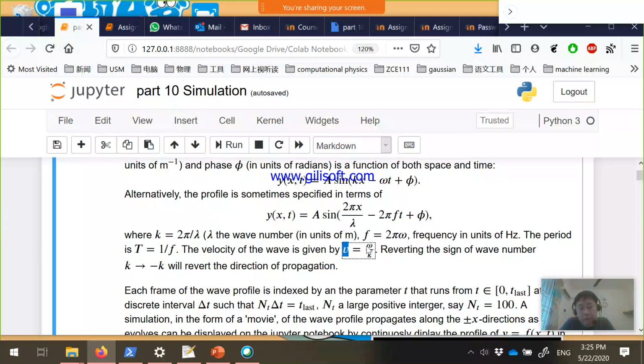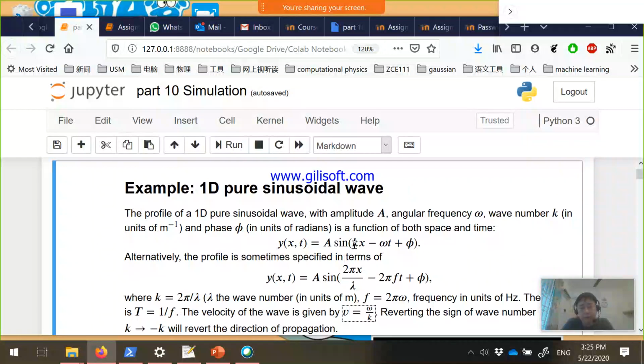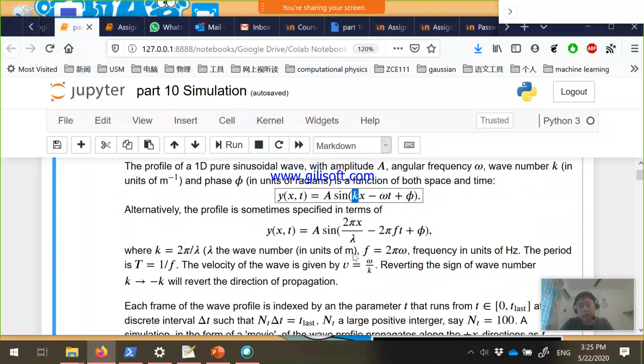The wave depends on its frequency and also on its wave number. If your wave number k is reversed, then the wave will move in the opposite direction. For example, if k is 1, it moves in the right direction. If you make k become minus 1, it will move in the opposite direction.